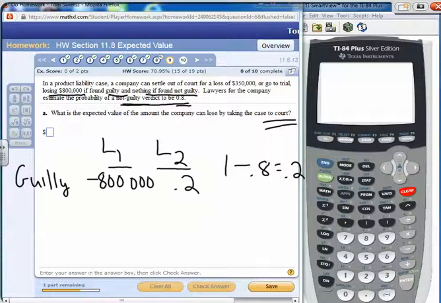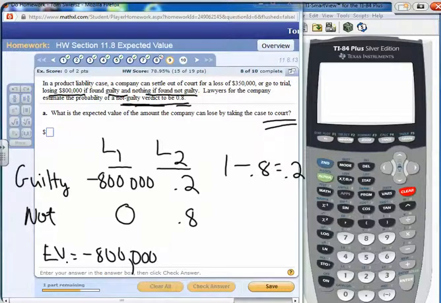That would be your first value. And if it's not guilty, then they're not going to have to pay anything, right? That's why they take it to court. And not guilty would be 0.8. So again, you can use your list features in the calculator, or you can just go ahead and multiply the negative 800,000 times 0.2 plus 0 times 0.8 and get your value. So either way, it's not too long to do.